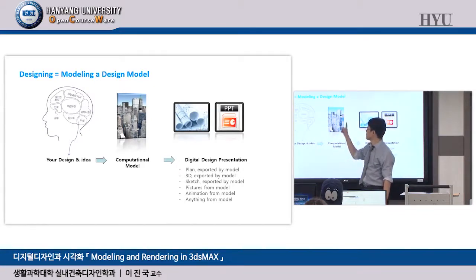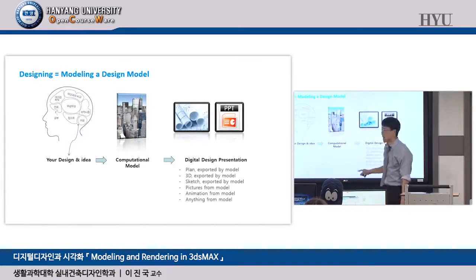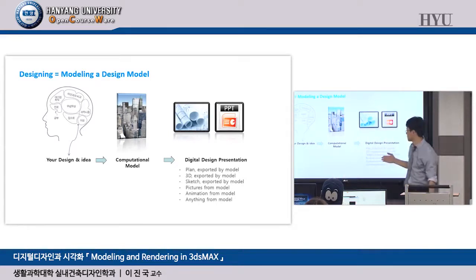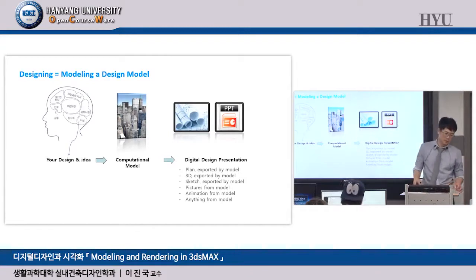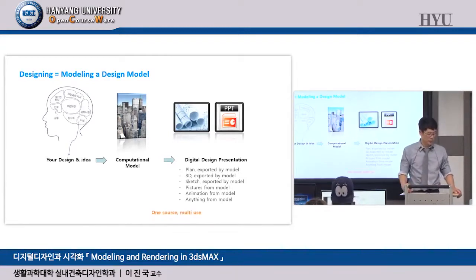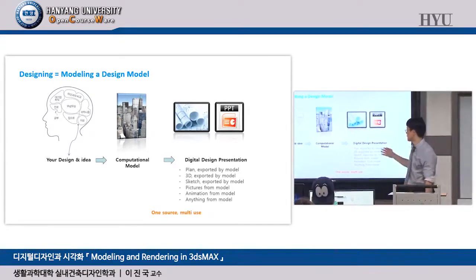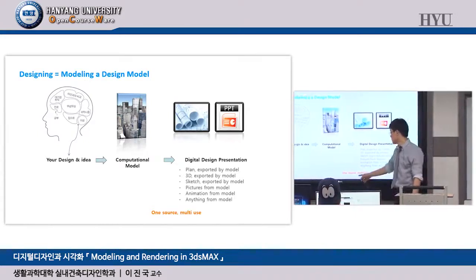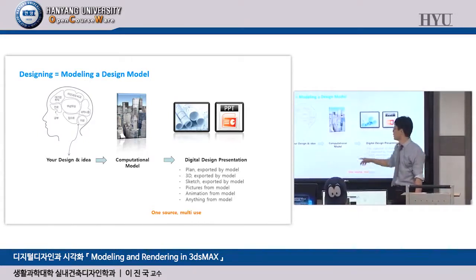So if you choose this model, a very low-quality application or very easy to use tool, SketchUp, or if you use ArchiCAD or Revit, which one's better? Because of different capability and capacity, of course, the better one, the better, okay, for your final design presentation and visualization. One source, multi-use, okay?